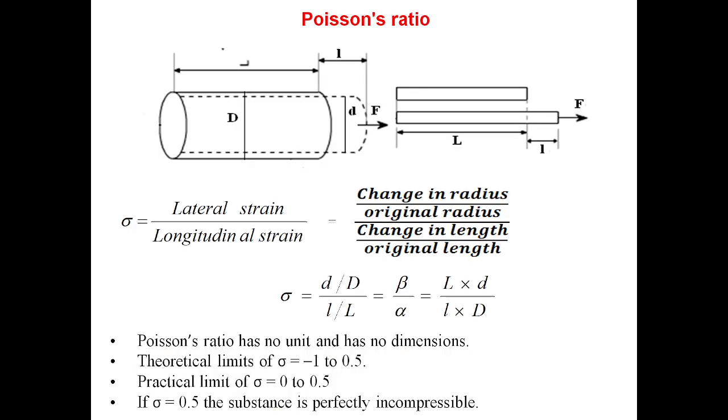Then next you have to see about the Poisson's ratio. Poisson ratio is explained here in the diagram, where there is a cylinder. D is the original diameter, and L is the length.